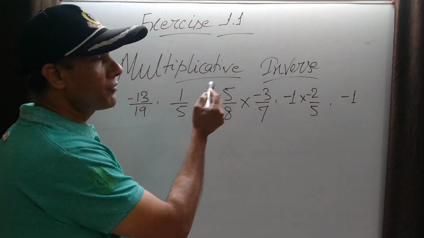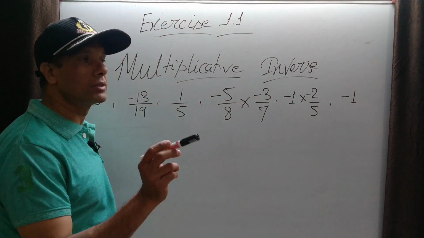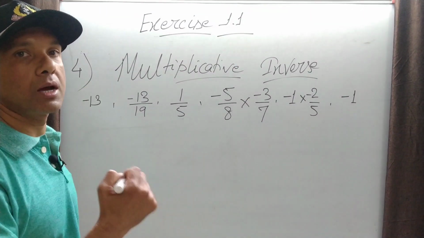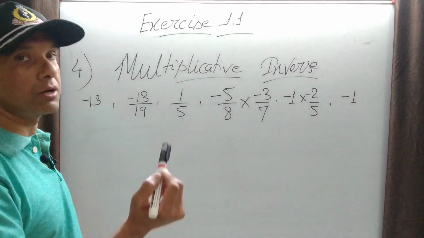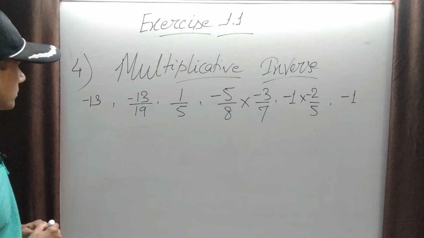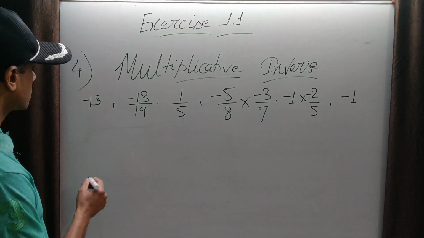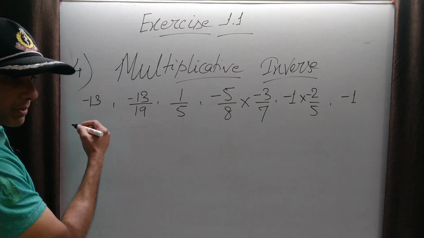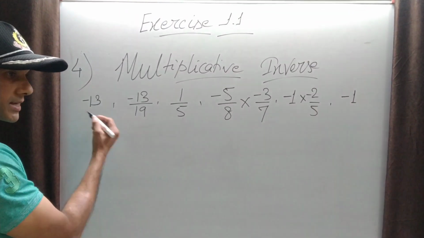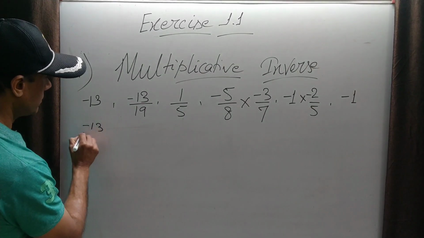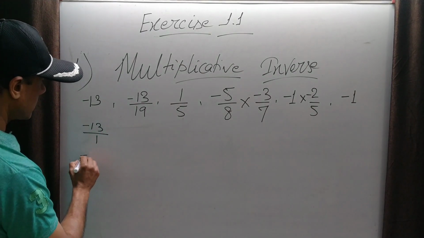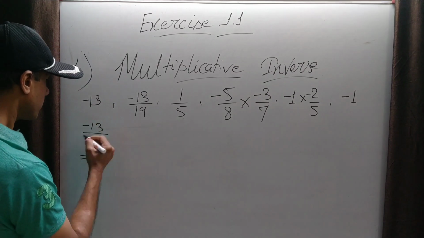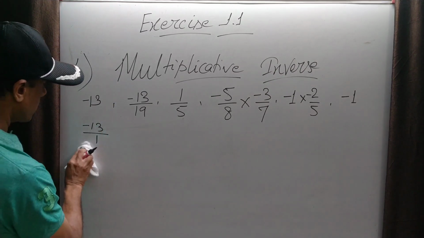That is multiplicative inverse. Multiplicative inverse is nothing but you just write the rational number upside down. That is the reciprocal of that rational number. So we take this example, minus 13. How do we write this integer as a rational number? This is nothing but minus 13 by 1. If we reciprocate it, we write it upside down.